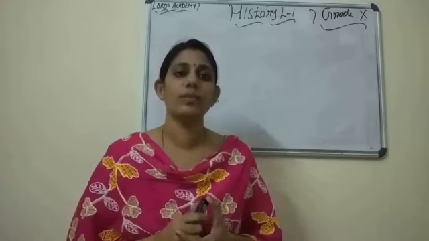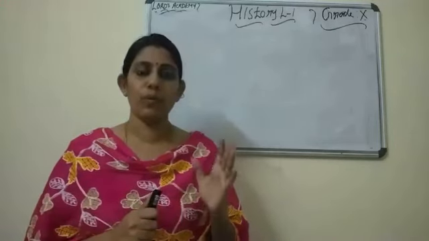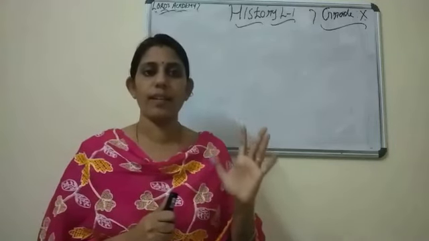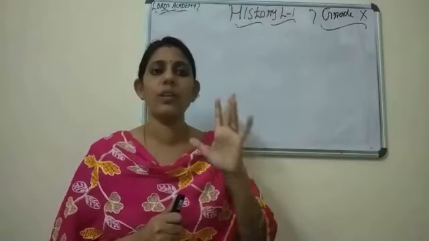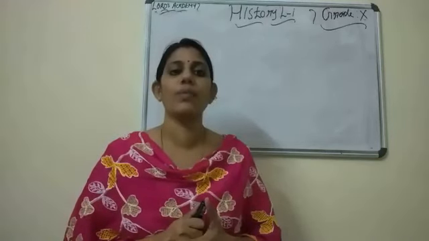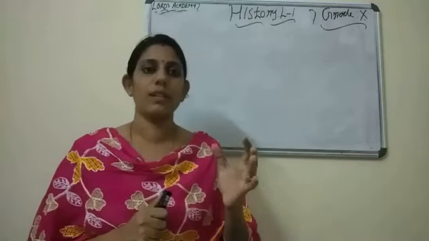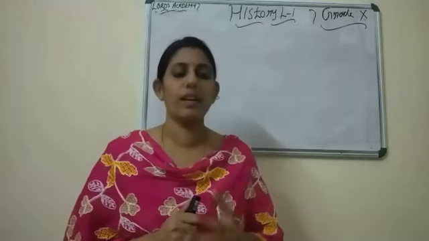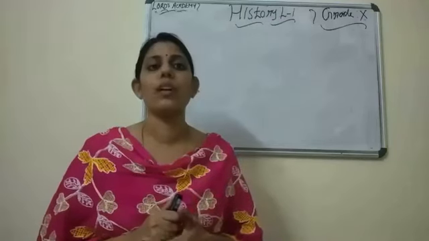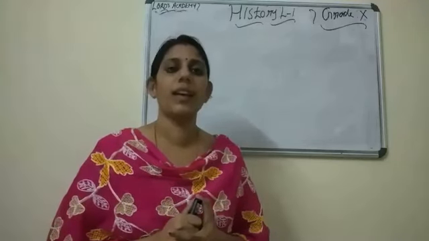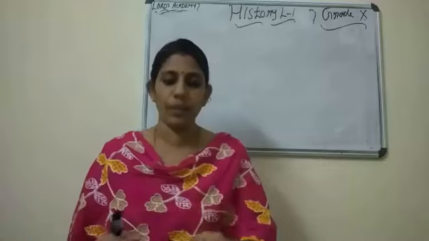To ensure justice to the people. In hierarchical order: Supreme Court, High Court, then subordinate courts. This is the content related to civics: the three organs of the government, legislature, executive and judiciary.